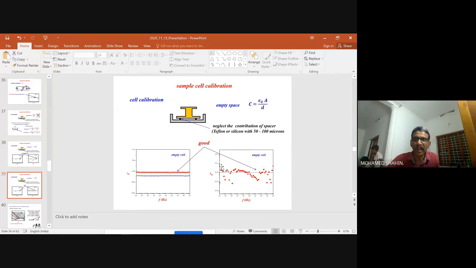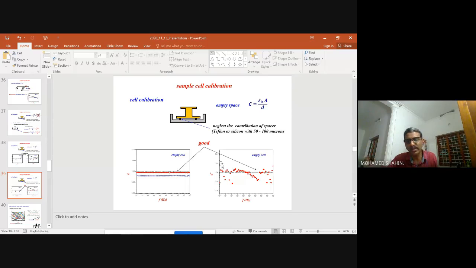Now if I calibrate it and if I get 10⁻³, and if the sample response is also 10⁻³, how can you show that it is not from the background? That is the reason why you have to clean your cell properly to ensure that your background is minimum possible.